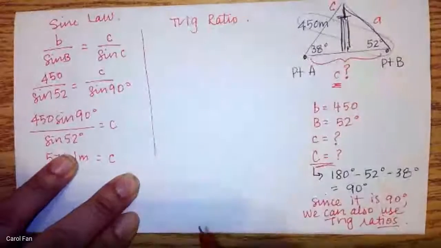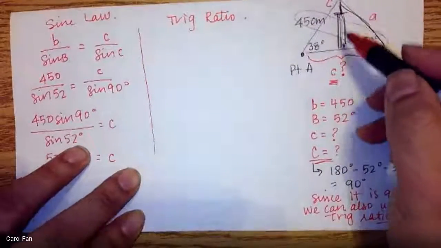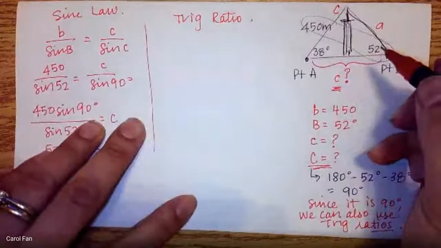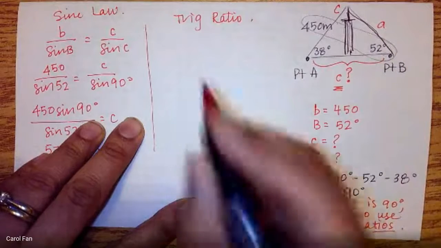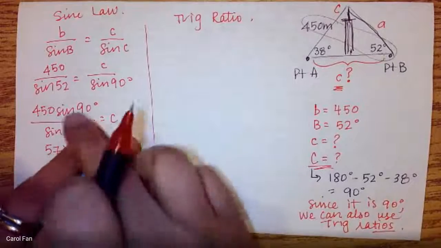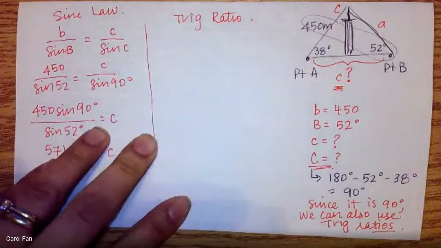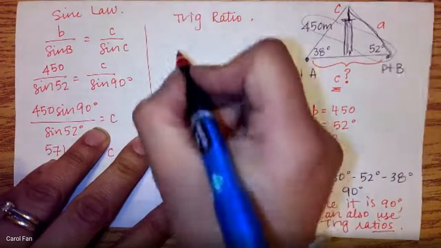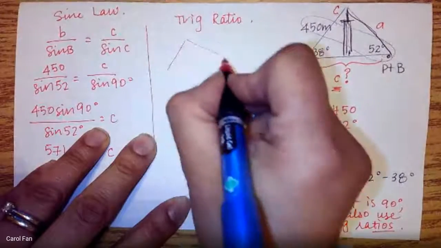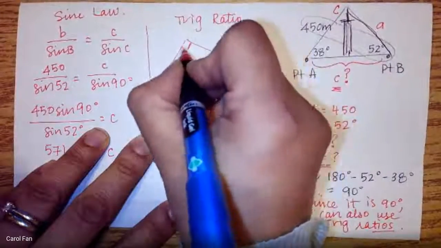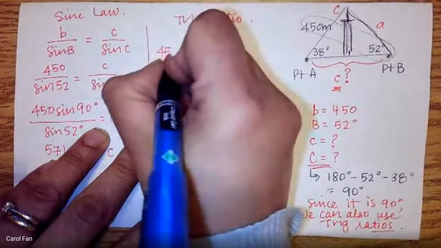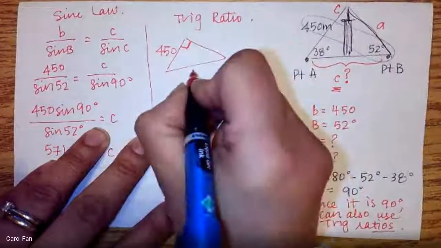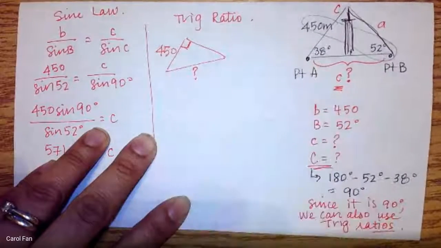Now let's do this again using a trig ratio. Now this question is unique because it does give us a 90-degree angle. It's not often that you get a question like this. So let's do it both ways because we could have saved time and not used sine law. So in a nutshell, this is my 90-degree angle, 450, and I need to know what this side is.